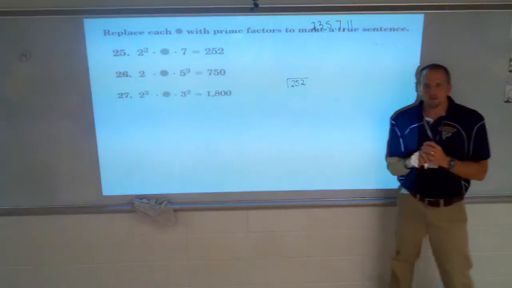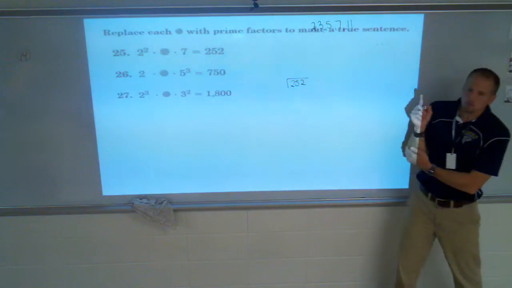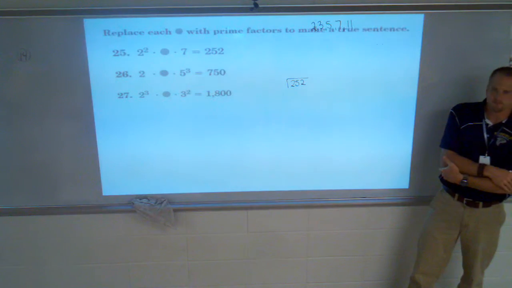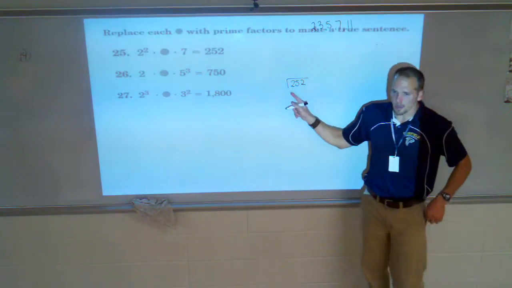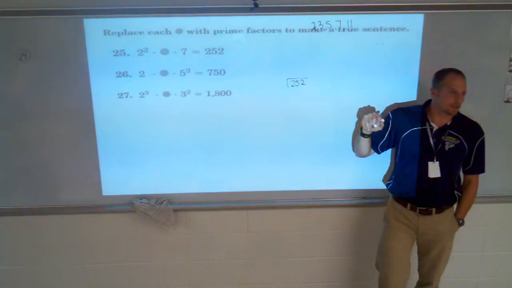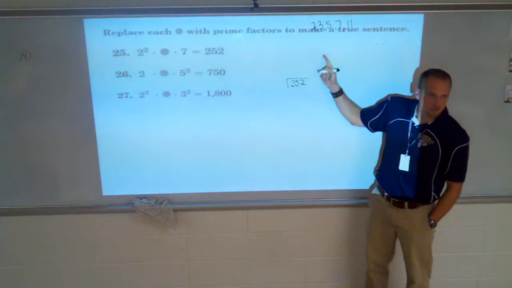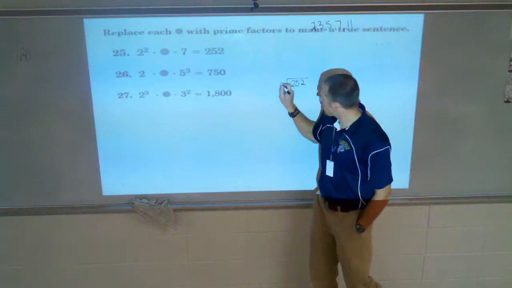So, 252. I've still got my key primes, 2, 3, 5, 7, and 11. Let's see, what can I divide this by? Let's see. Amy, what's a number that I can divide this by? 2. Yep, I can divide it by 2.